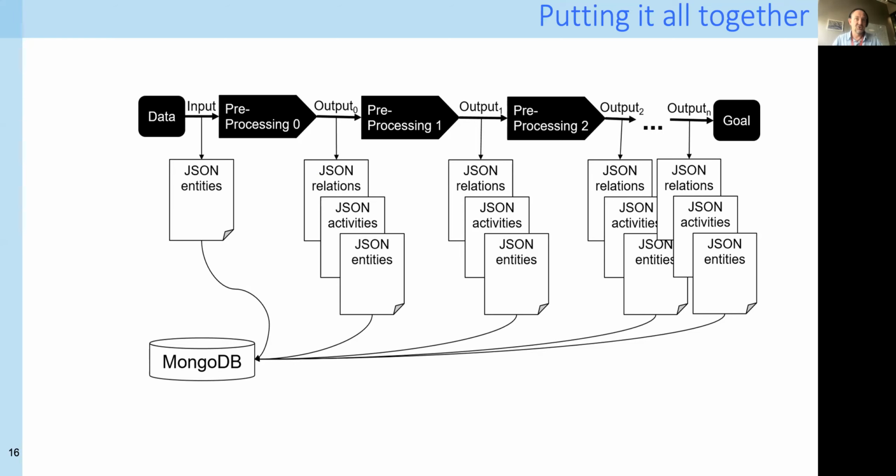We encode them using JSON, which can encode Prov natively, and store them in a MongoDB database. And what happens next? This scales in the number of preprocessing operators, because they all produce this provenance independently of one another, but they all come together in a big provenance graph in Mongo.